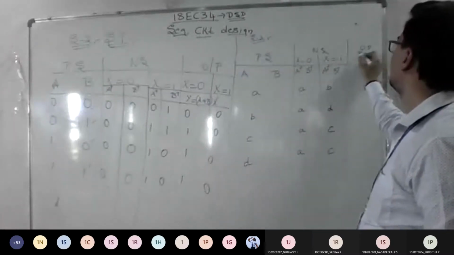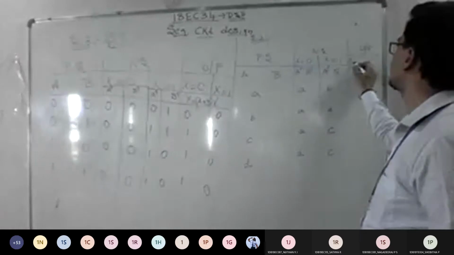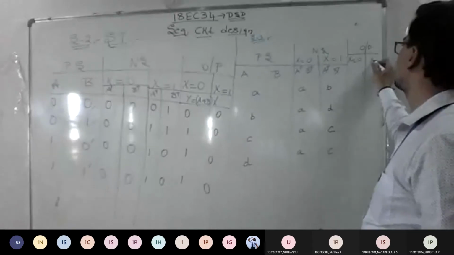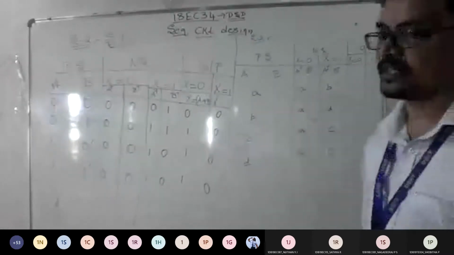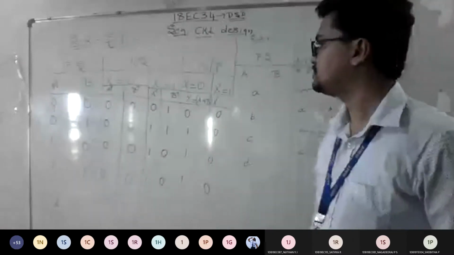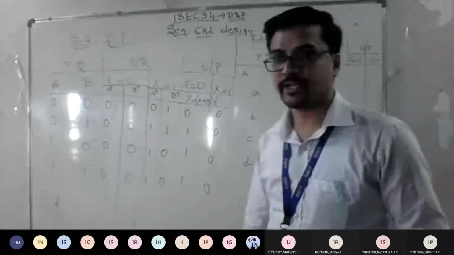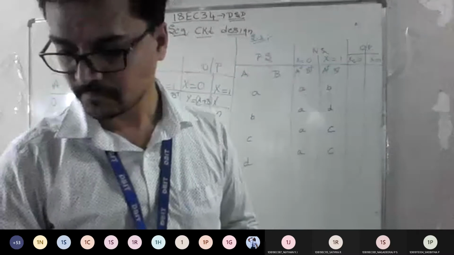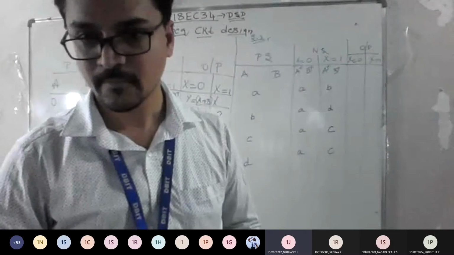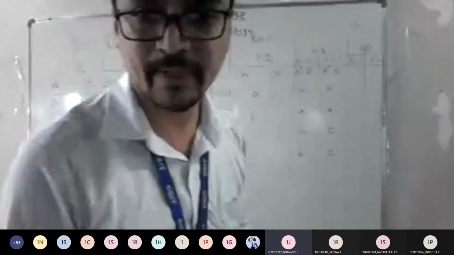For the output part, again the same thing, x equal to 0 and x equal to 1. Look at the table and tell me what I should write now. The output will remain the same, sir. Good. You should not write the variables.